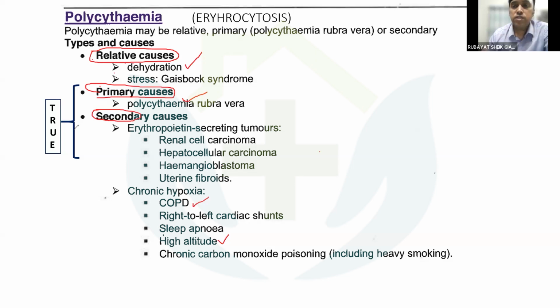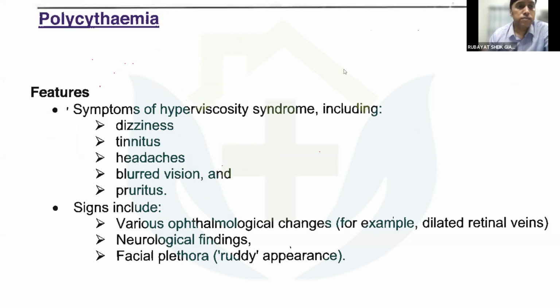So just go through the causes of polycythemia. You'll have to keep this in mind when you deal with polycythemia cases. Any cause of polycythemia may have features of hyperviscosity, because the blood is hyperviscous due to the raised hemoglobin levels.